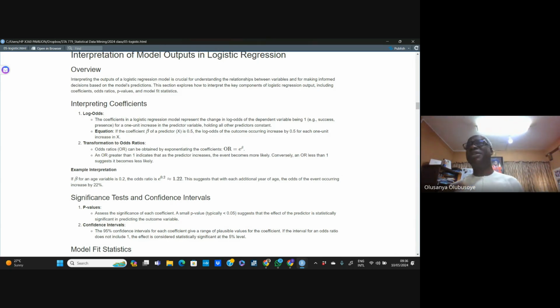And that does not make any serious meaning, because for logit itself, there is no meaning to that. So the only way to make it meaningful is usually by using the log odds.